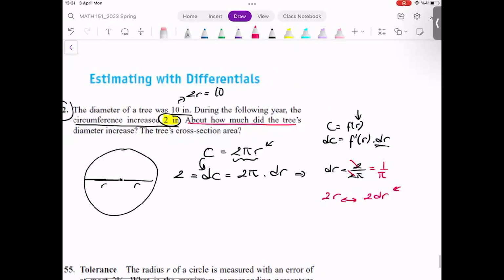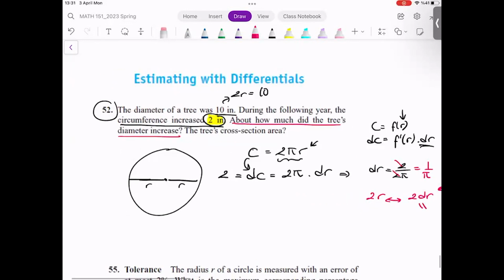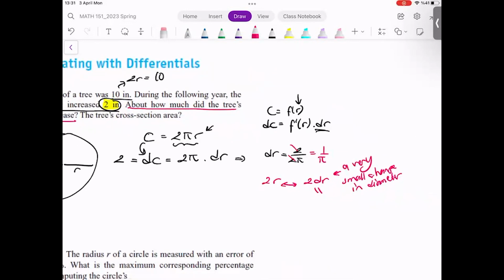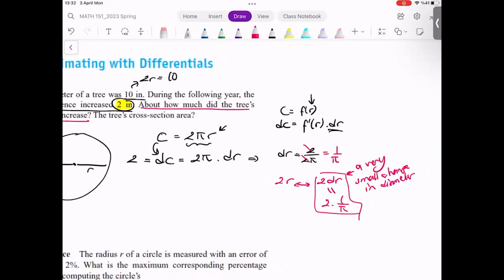This is a very small change in diameter. This is asked in the question: how much did the tree's diameter increase in a year? It increased in a very small amount like this one. So the answer for how much the diameter increased is in fact 2dr, so it is 2 times 1 over pi. This is the answer for the first question, a very small change in diameter, or you can say a very small increase, because in this question, it increases.